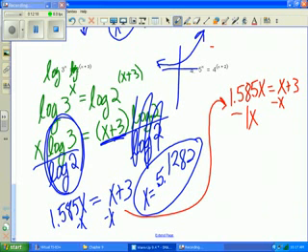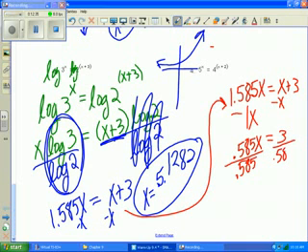And so that's 1.585 minus 1, which is 0.585x equals 3. Now I divide by 0.585 on both sides.